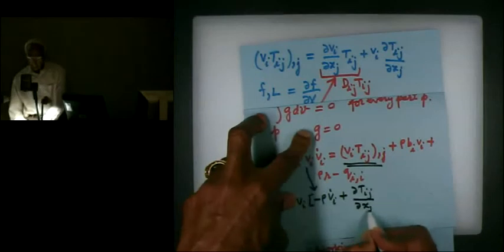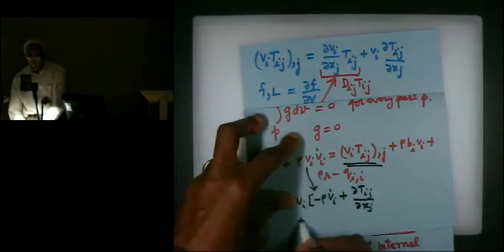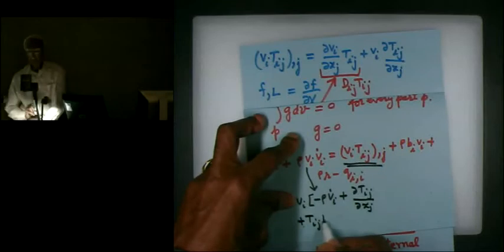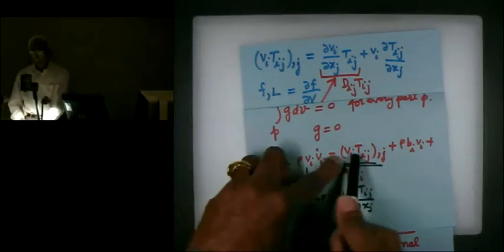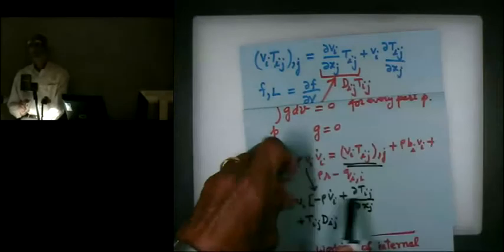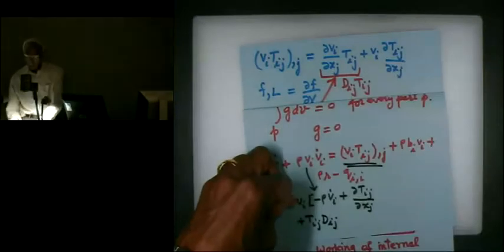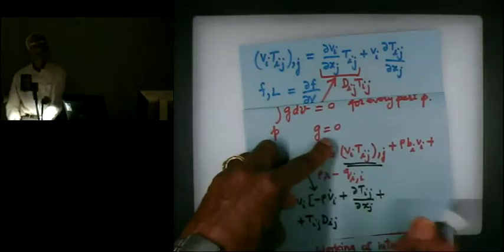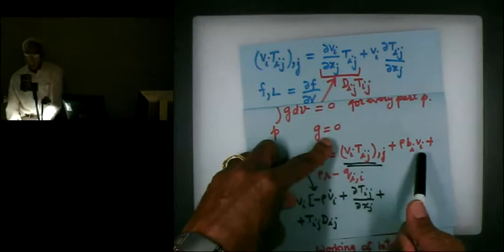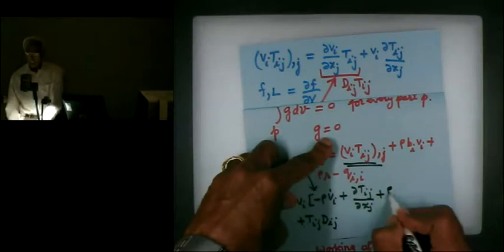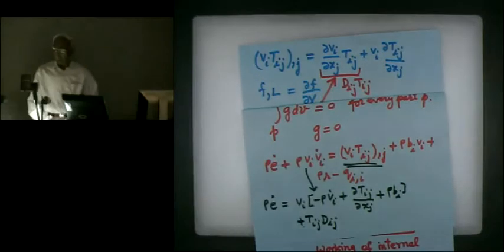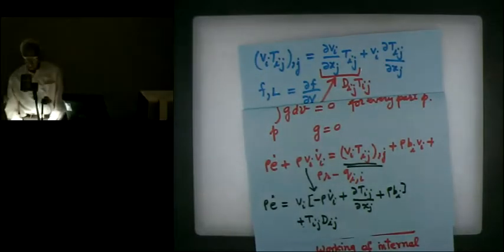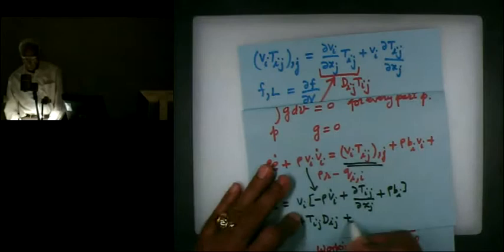And the other term is Tij Dij. This is equal to these two terms, so I copied them here. And what we are left with is then plus rho R minus Qi comma i.